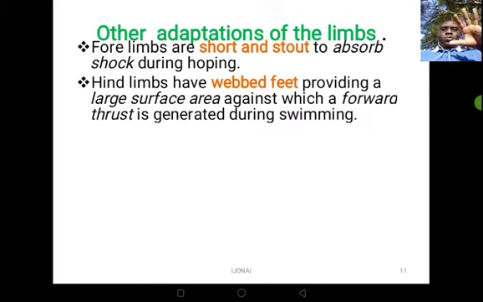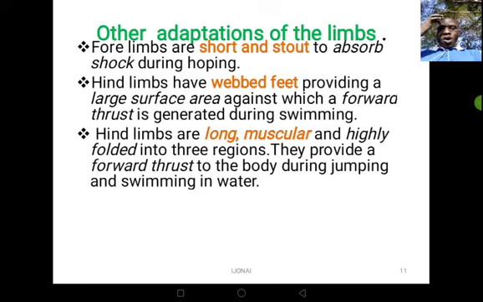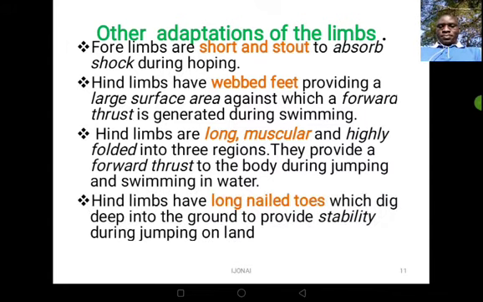So when swimming, they use the hind limbs to generate the propulsion force in water. The hind limbs are long, muscular, and highly folded into 3 regions, and this provides a forward thrust to the body during jumping and swimming. And also the joints are for flexibility.